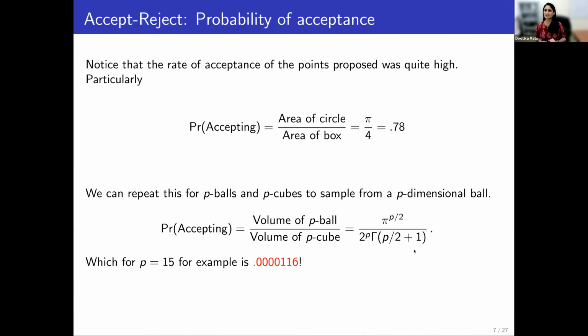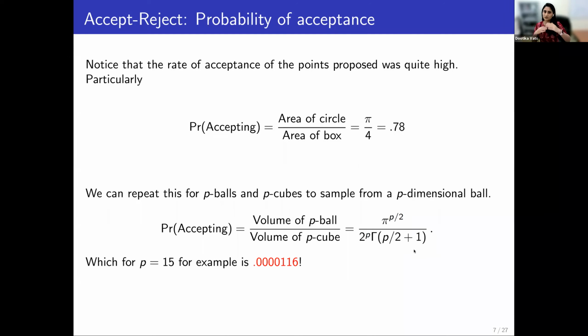We can repeat this now for a p-dimensional ball and encapsulate the p-dimensional ball in a p-dimensional cube, right? So now instead of a circle and a box, we can take a sphere, a p-dimensional sphere maybe, and put an exactly fitting cube right around it. Now what happens is the volume of the cube that is not in the volume of the sphere really grows, right?